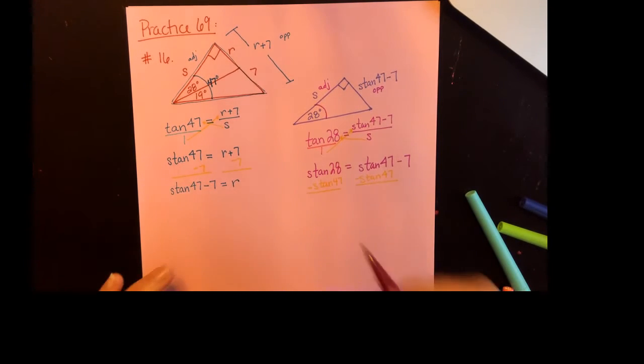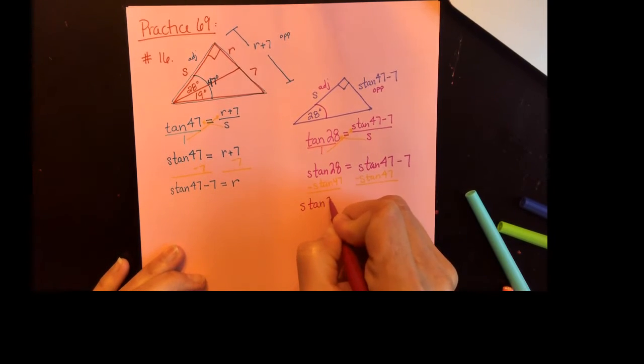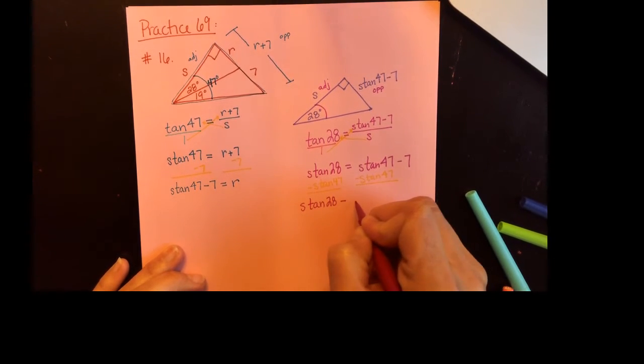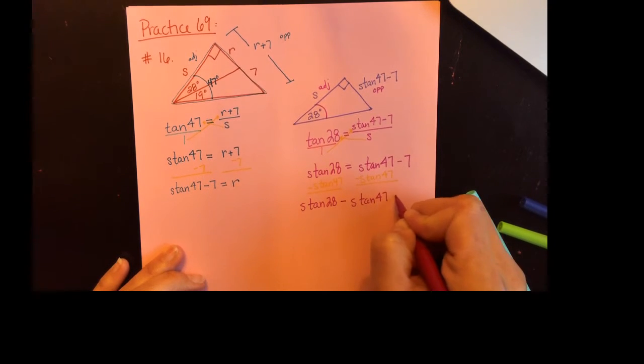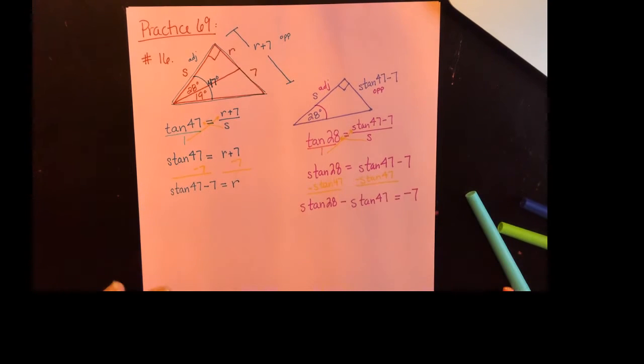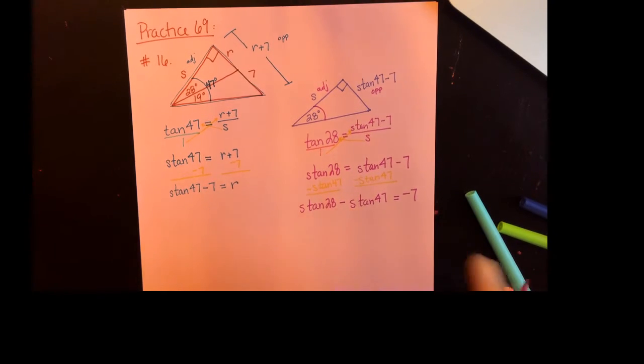What that leaves me with will look like this: s times this number, tangent 28, minus s times this number, tangent 47, equals -7. They both have s, so factor it out.